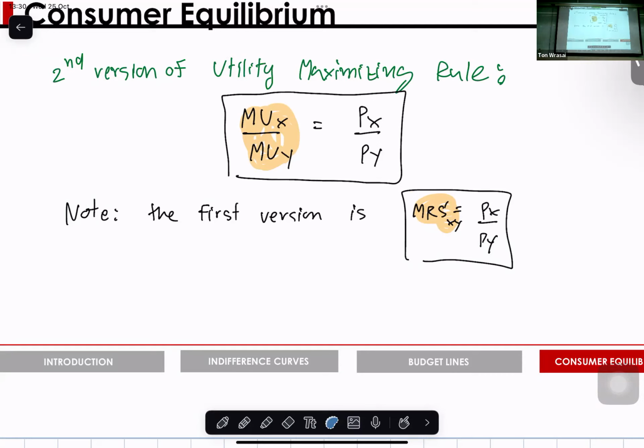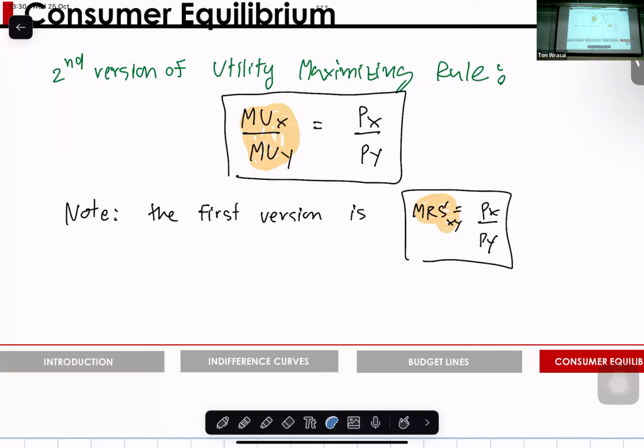What is MU? MU stands for marginal utility. Okay. What is marginal utility then? Definition of marginal utility. Marginal means extra.